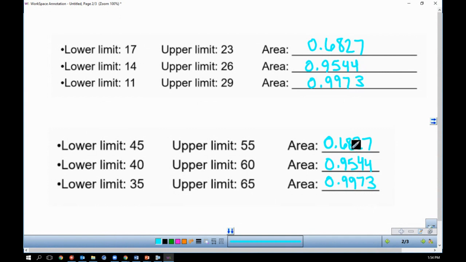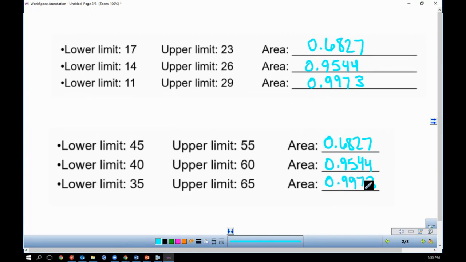Which calculator did you do it on? That's fine. Okay, yeah, so what they did is they just rounded it up. So if you got 0.683 on the Inspire, that's still right. It's just you only saw 3 decimal places, whereas if you did it on the 84s, it showed a lot more than 3.